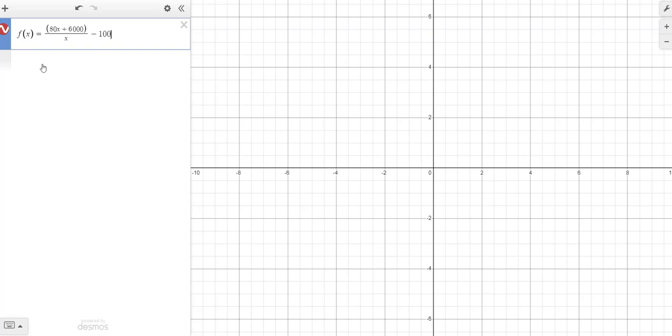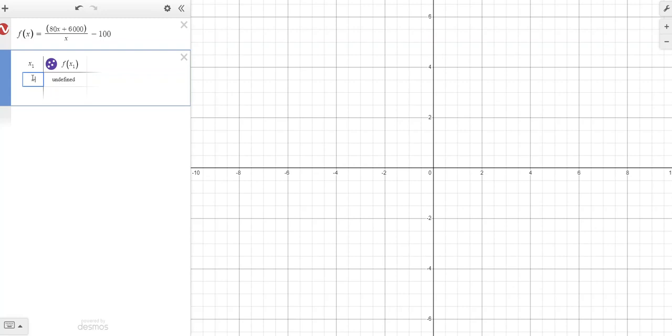All right, so I'm going to make a table. And for each of those x1 test values, I would like to have Desmos plug those into my function and give me f of x1.